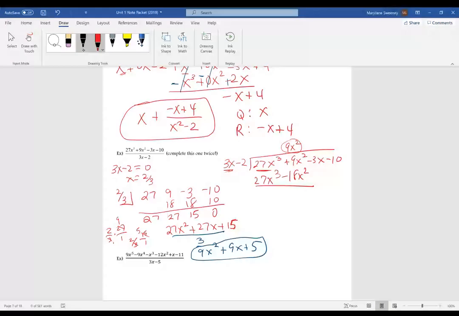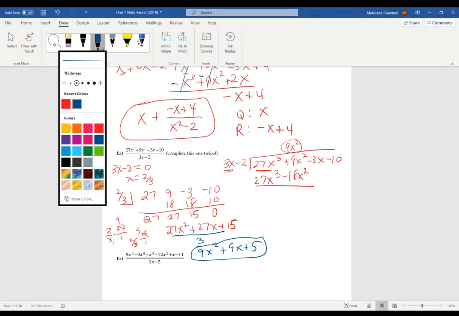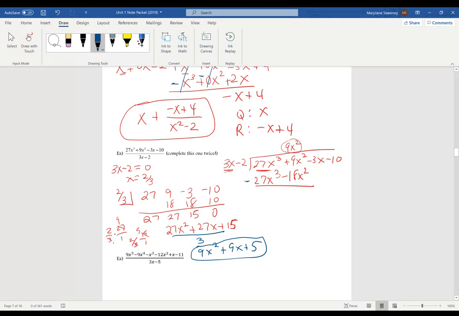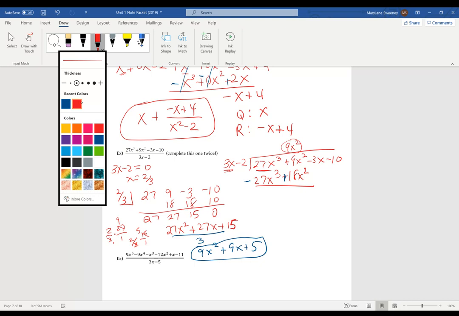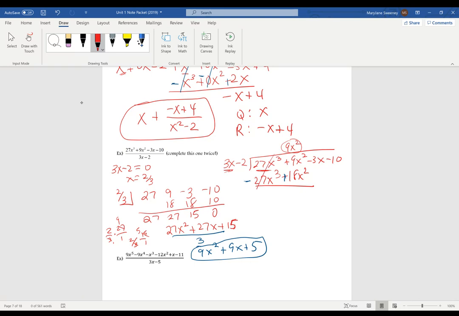Subtract going down. So this is a good review again of long division. So minus, that goes plus. So then this cancels. 9 plus 18 is 27x squared. Bring this down.